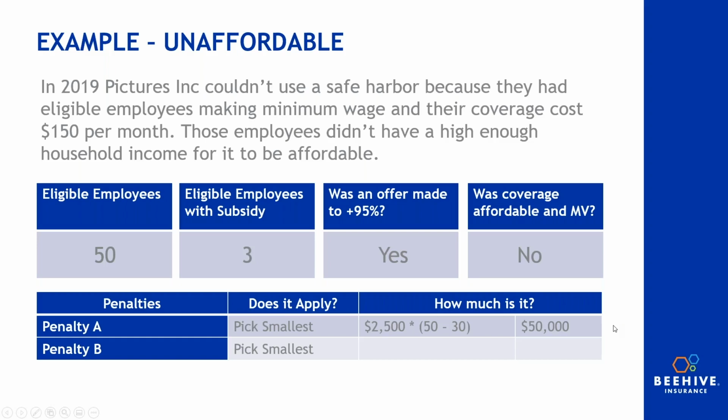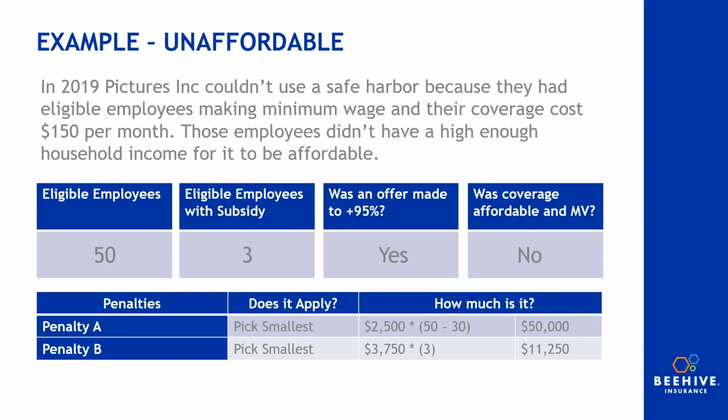So now we look at penalty B. Again, does it apply? We're going to pick the smallest of the two penalties. So to calculate penalty B, we're going to take the penalty amount for the year, which is $3,750 in 2019. And we're going to multiply by the number of eligible employees who received a subsidy, which is 3.